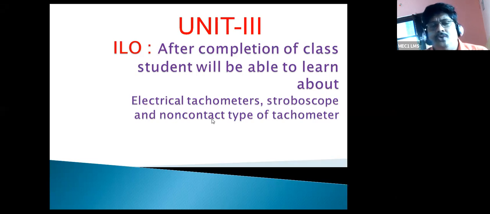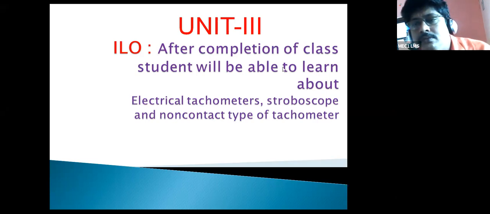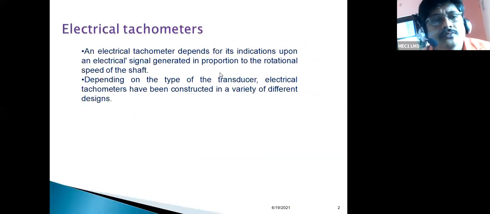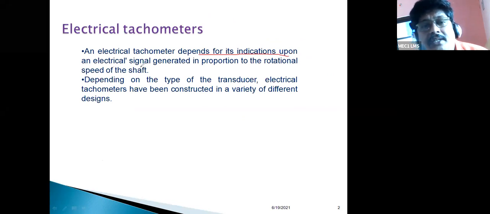Today we are going to discuss the electrical tachometer, stroboscope, and non-contact type of tachometers. Electrical tachometers mainly depend for their indication upon electrical signals. The electrical signal is generated in proportion to the rotational speed of the shaft.